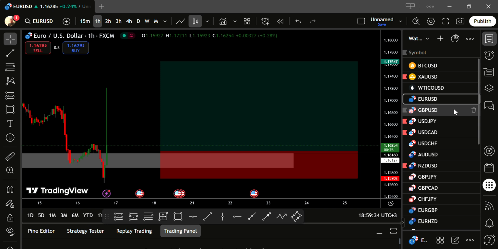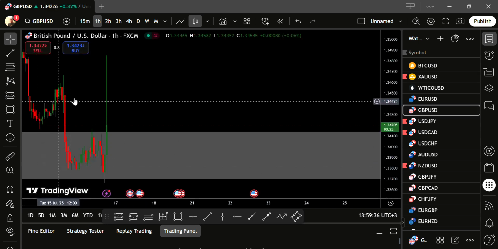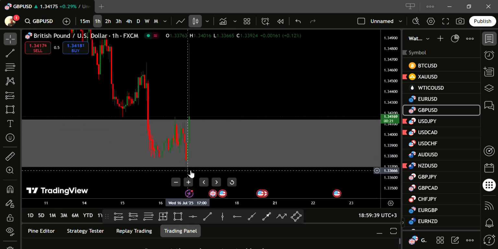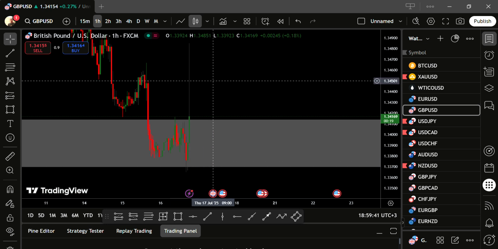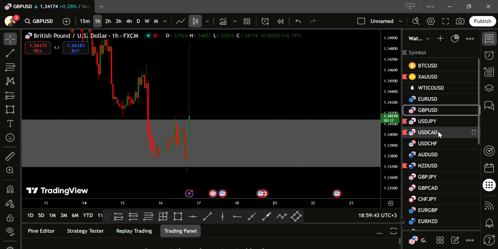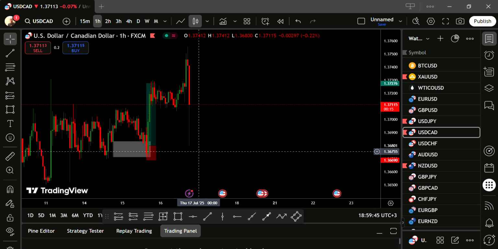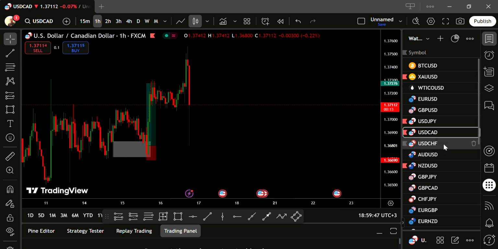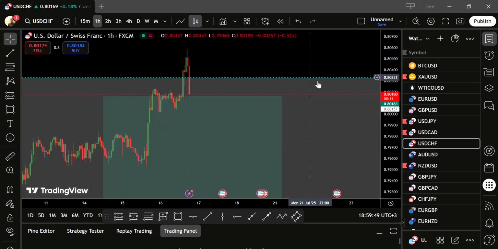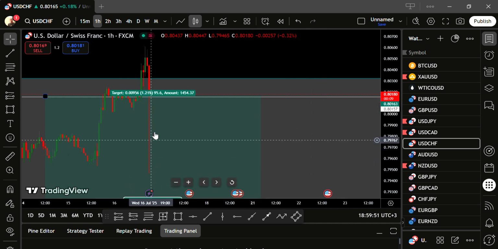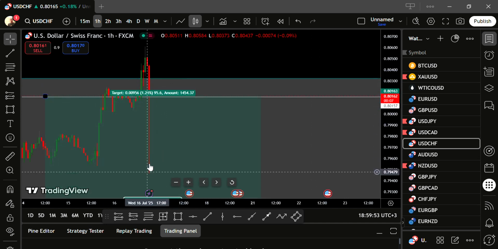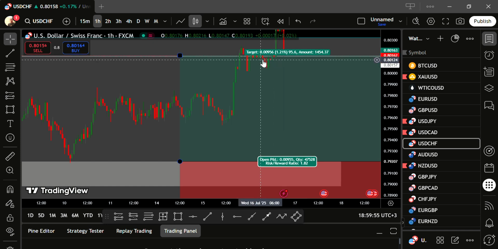The same happened on GBP USD. This one actually was taken out. GBP USD, those long wicks. Even this is USD CAD, and USD CHF, this one is even the longest wick. On USD CHF, we hit our target. You remember the previous video, the target I was talking about?